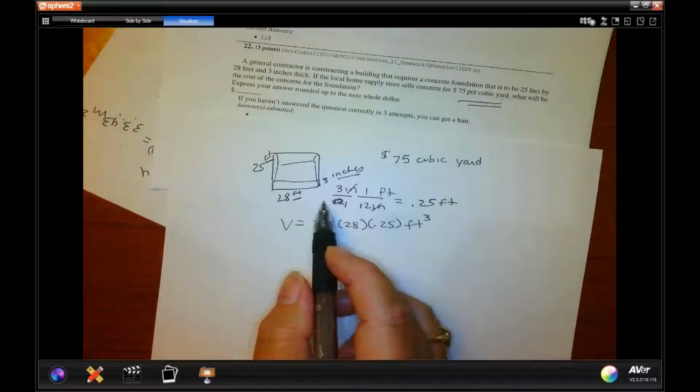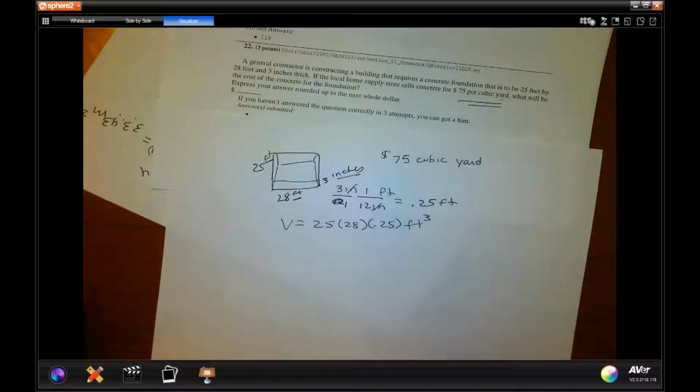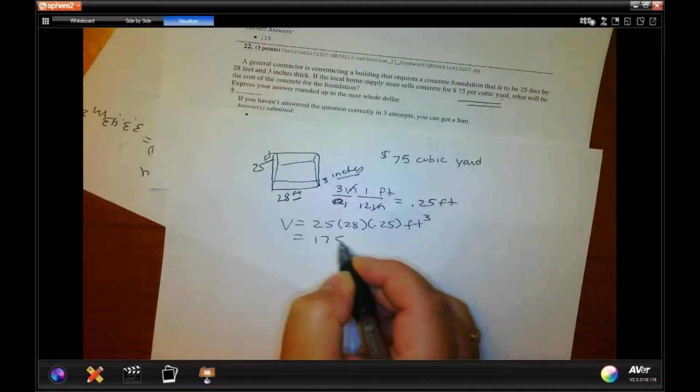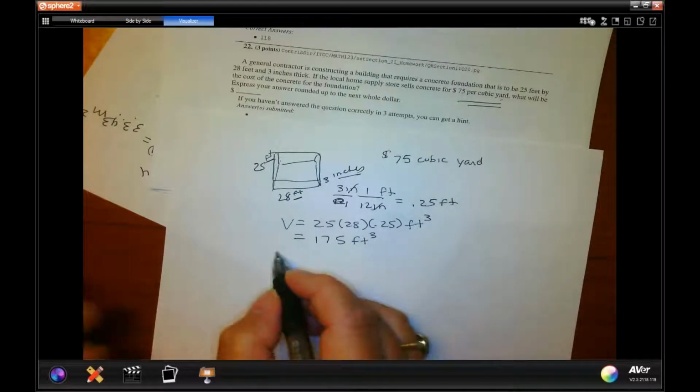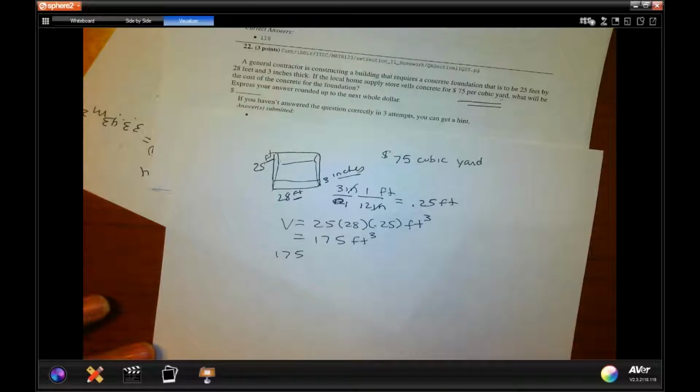That also keeps me from having any repeating decimals, which would not work. So we get 175 feet cubed.